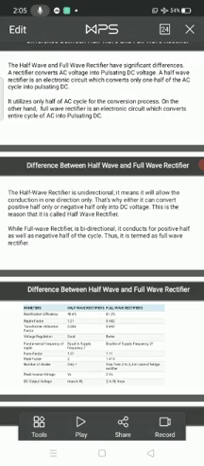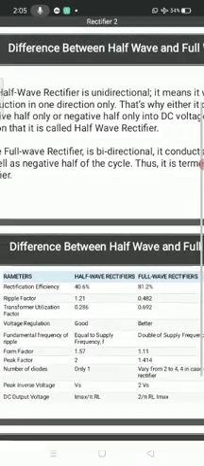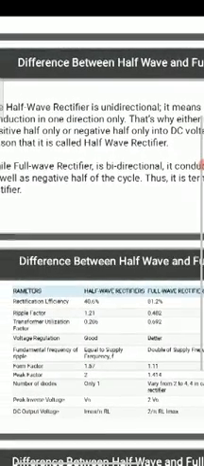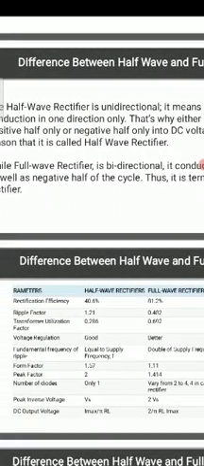So what is the difference between a half wave rectifier and a full wave rectifier? See here, these are the parameters: the half wave rectifier and the full wave rectifier. The first parameter is rectification efficiency. Rectification efficiency is defined as the ratio of output power in DC to input power in AC.